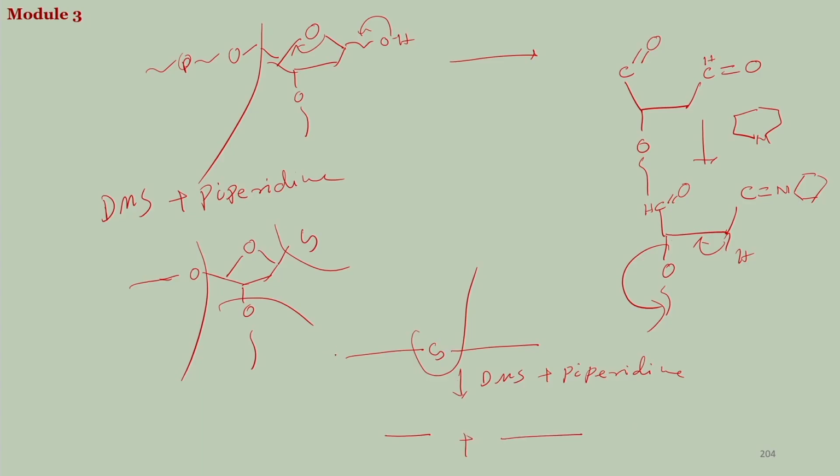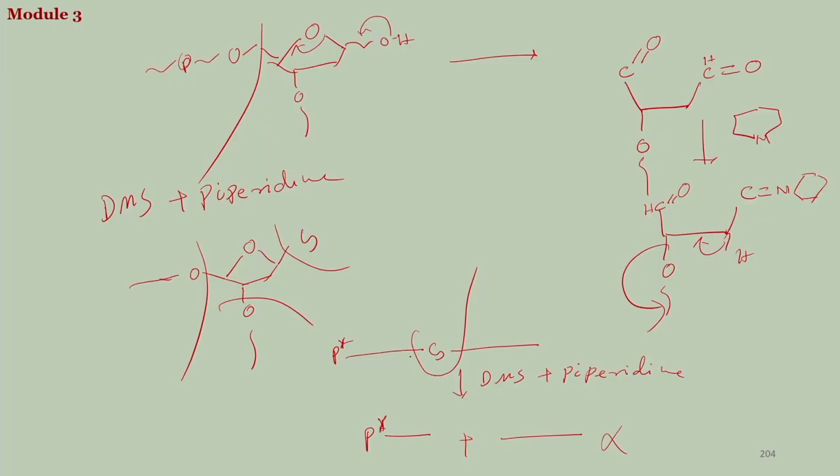Now, we have started with the P32 labeling here. So, therefore, this fragment will have the label, this fragment does not have the label and we will not be able to visualize it. So, we do not consider this strand, we will only consider the fragments which will have the labeled phosphate.